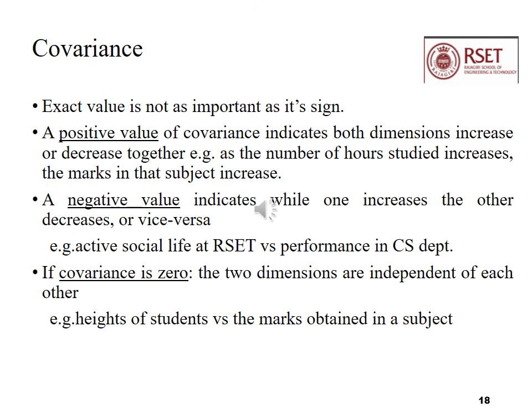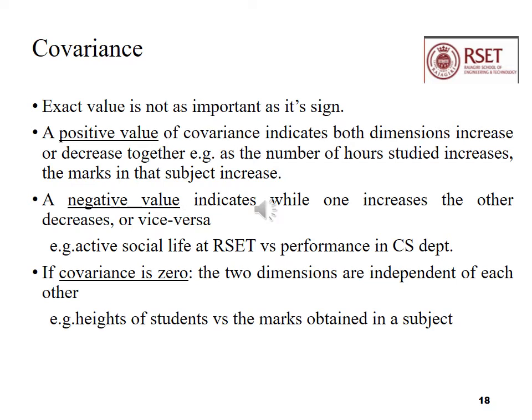Next is the impact of positive covariance and negative covariance. A positive value of covariance indicates both dimensions increase or decrease together. Example, as the number of hours studied increases, of course the marks in that subject increase. A negative value indicates that while one increases, the other decreases, or vice versa.